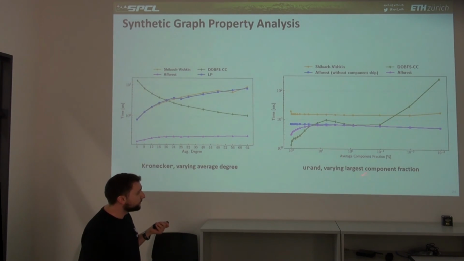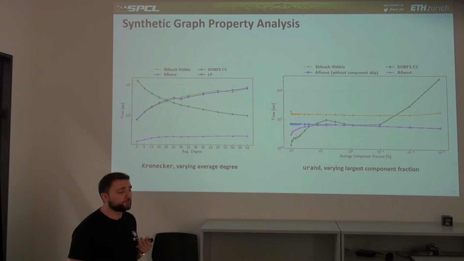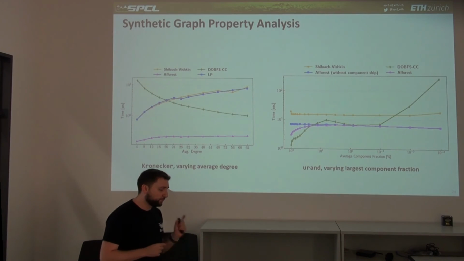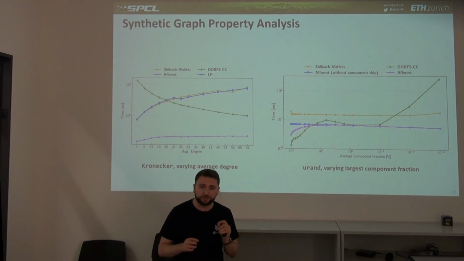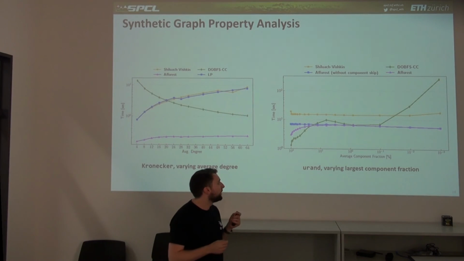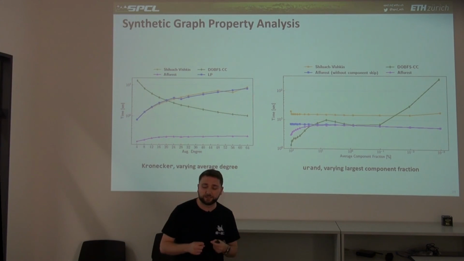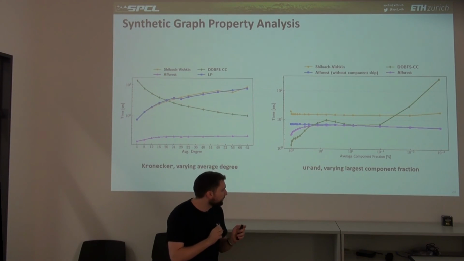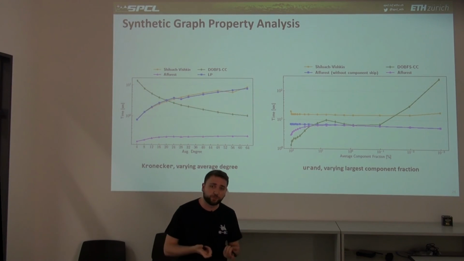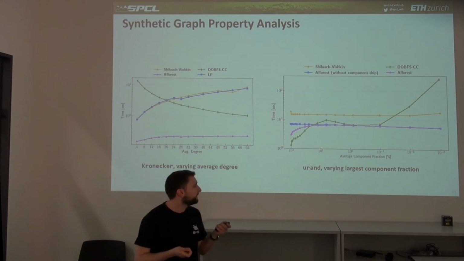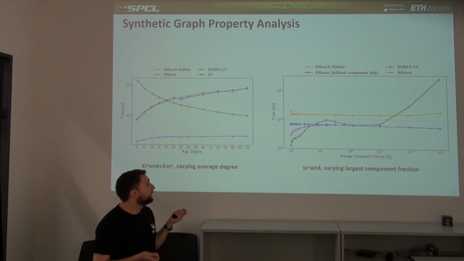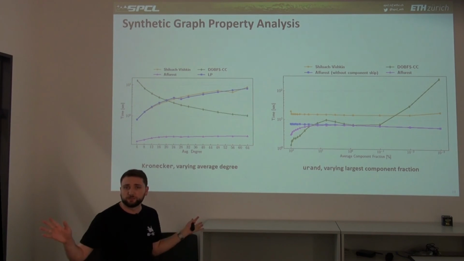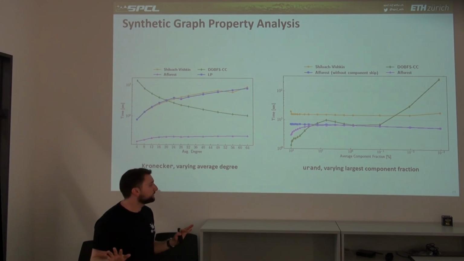And for the uniformly random graph, we chose a different approach. What we did over there is that we constructed different versions of the graph, where the x-axis presents the fraction of the largest component compared to the average component, which means that if this is 100%, we have one component and that's it.